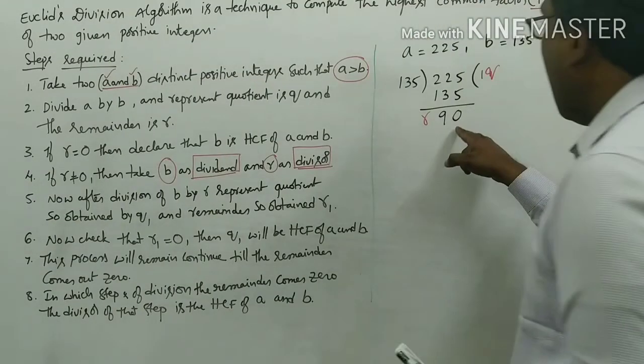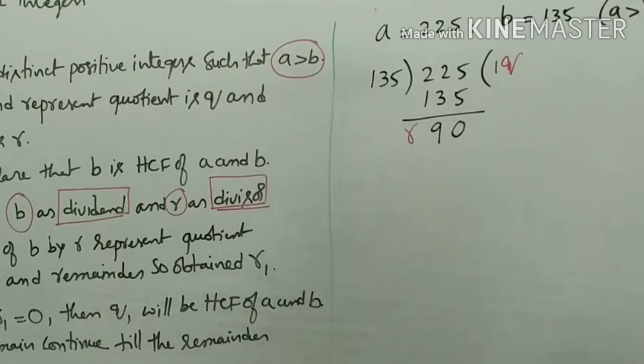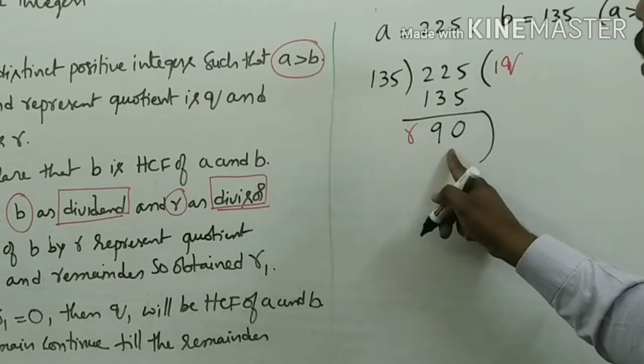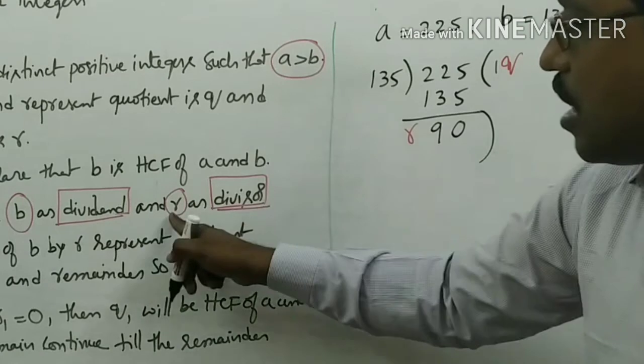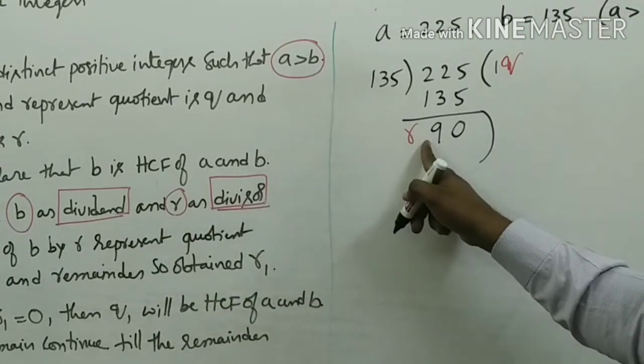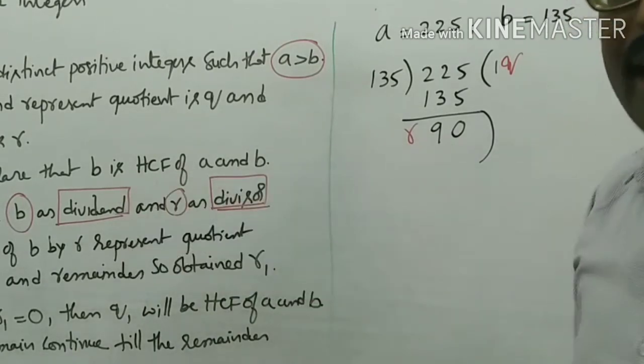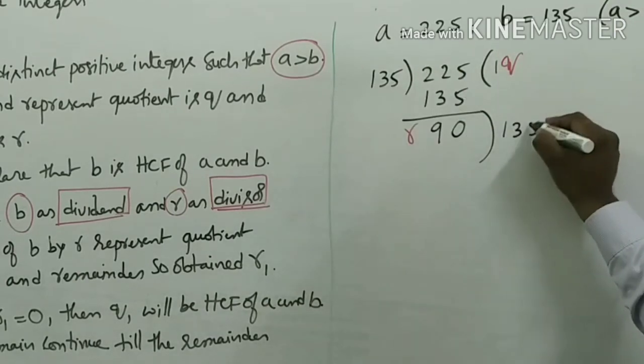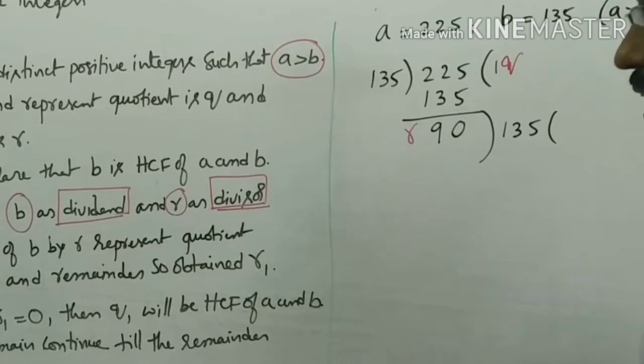In the division procedure, R is the divisor and B is the dividend, which here is 135.